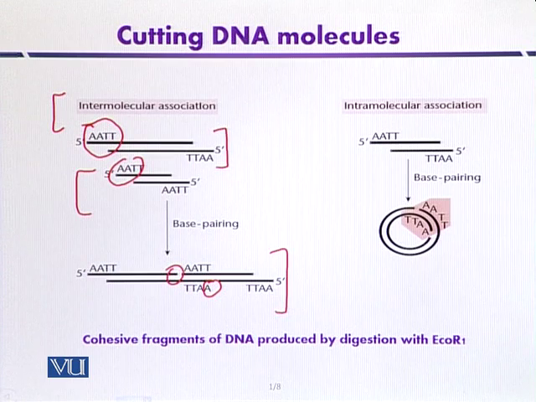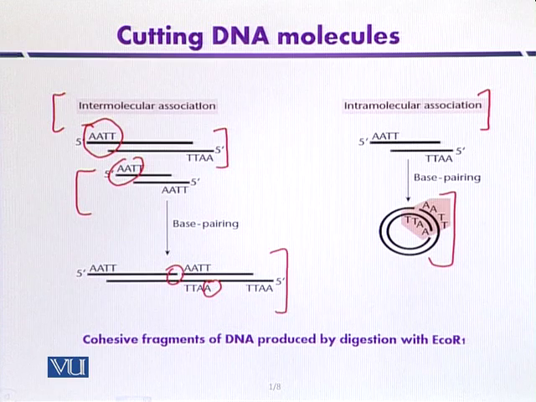Now, sometimes molecules can join after fragmentation by EcoR1. This is another example, intramolecular association. Suppose we have cut a DNA fragment like the vector with EcoR1. Two fragments may be there, and sometimes they can reassociate in the absence of foreign DNA.